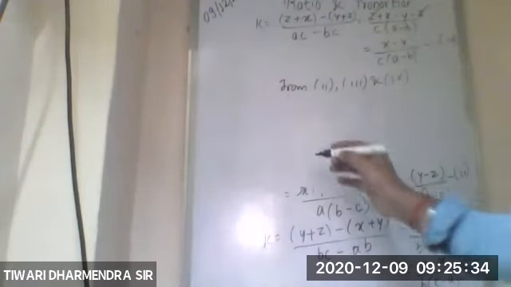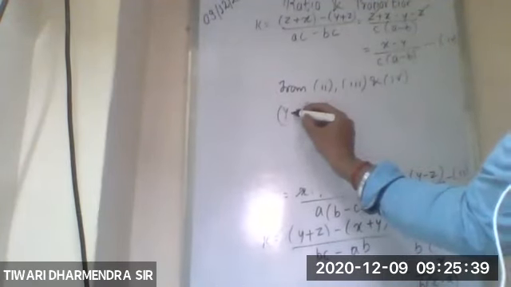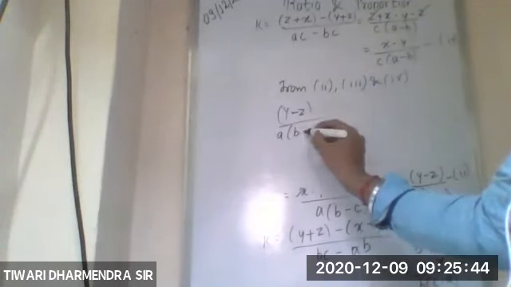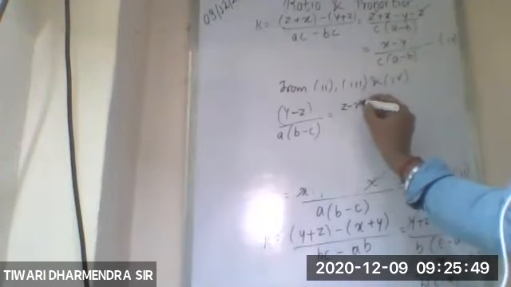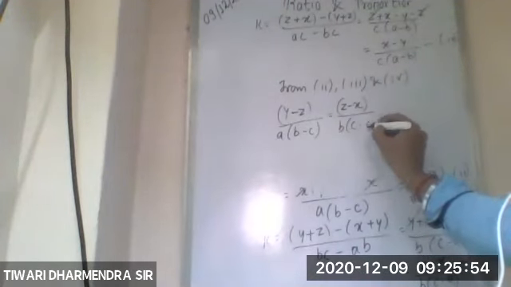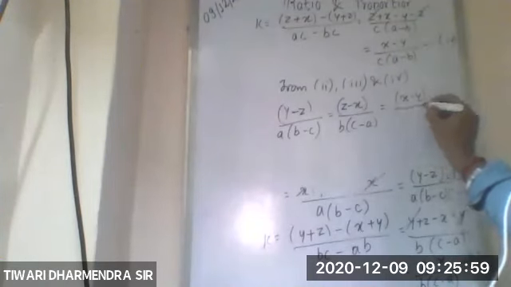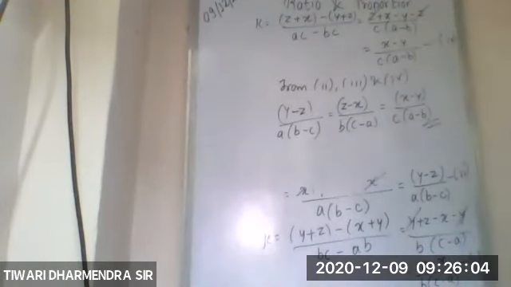So we conclude that, the requirement, what we needed to prove: (y minus z) upon A into (B minus C) is equal to (z minus x) divided by B into (C minus A) is equal to (x minus y) upon C into (A minus B). Hence done. One of the easiest problems. The only thing is that we need to work on it properly.